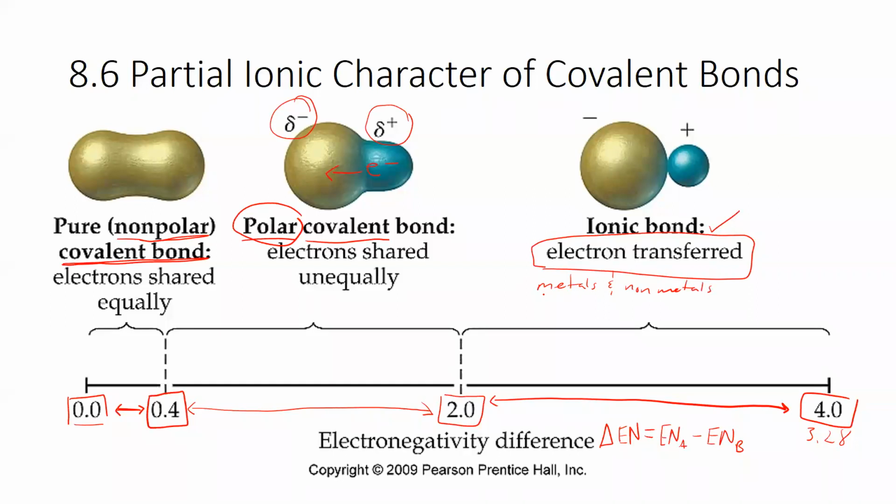The reason is that the most electronegative elements are the nonmetals, and so those really stand out as being very electronegative. Those are going to have to be part of these ionic bonds. But in the range for polar covalent bonds, you start to see covalent bonds where the electrons are shared unevenly.